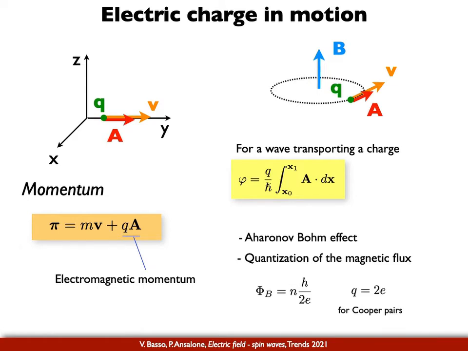This is the Aharonov-Bohm effect, an effect that is often used in order to claim the reality of the vector potential A.